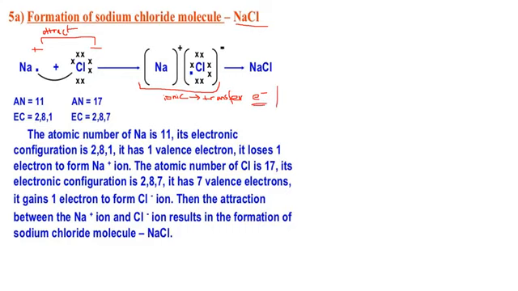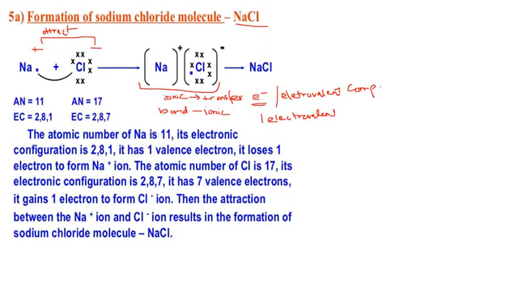There is one more name for this compound, that is electrovalent compound, and the bond formed between them. What is the name of the bond? Of course, this is ionic bond, and the other name is electrovalent bond, right?